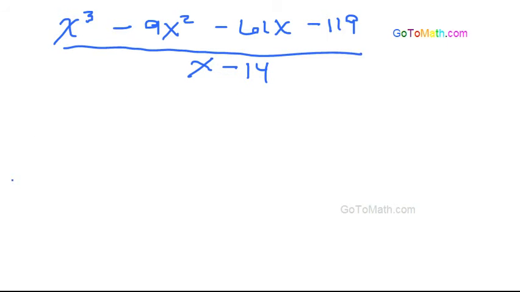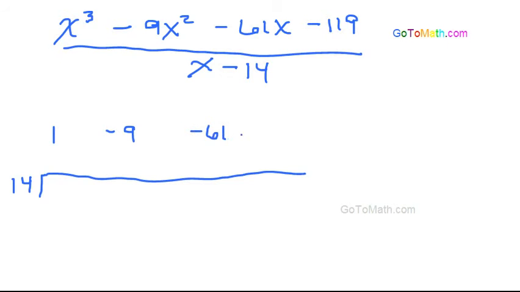So we're going to put our 14 here. So we have 1, negative 9, negative 61. We don't put the x's in there. And then minus 119. So bring that 1 diagonally down.